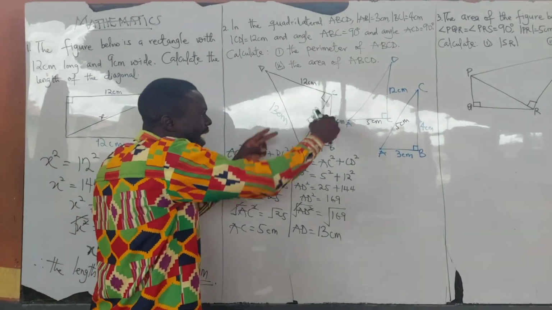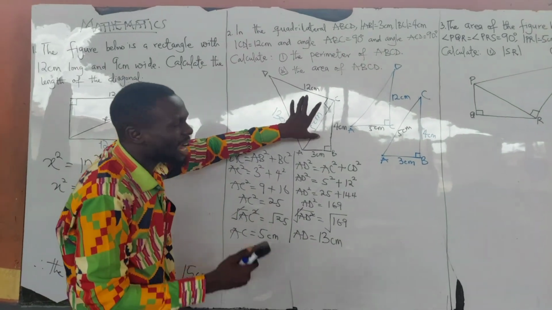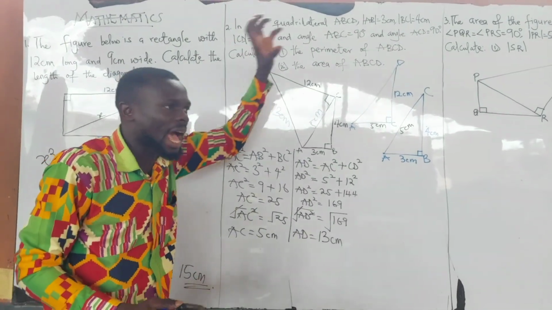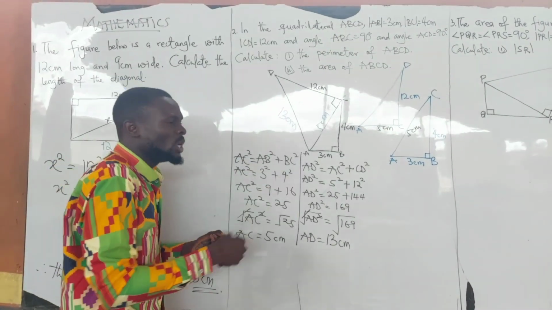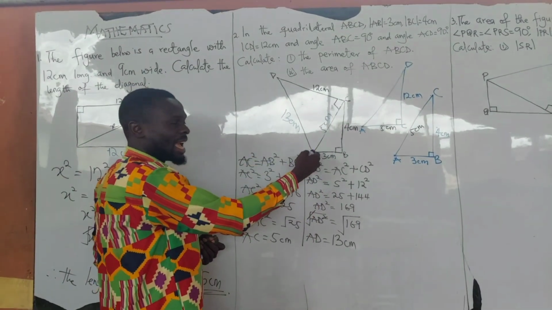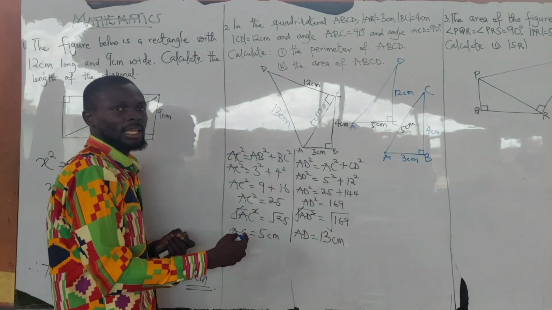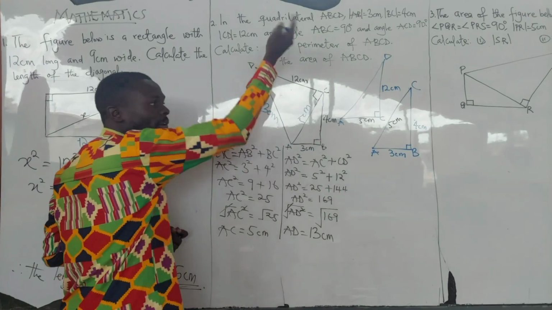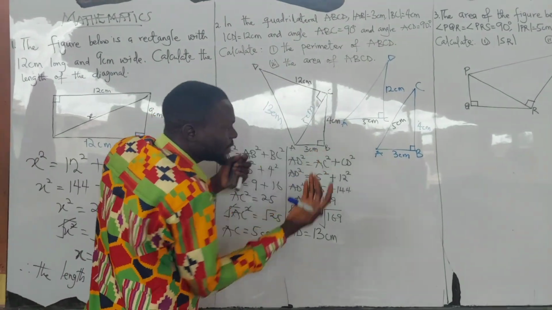Since you can see that this is a triangle, this is another triangle joined together, and they are right angle triangles, apply the Pythagoras theorem. With the Pythagoras theorem, we were able to know this length, and this length also helped us to calculate this length. Now we can find the perimeter, because we have this, we have this, we have this, we also have this.